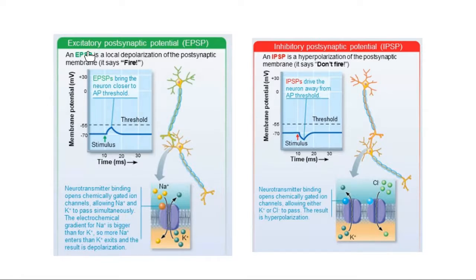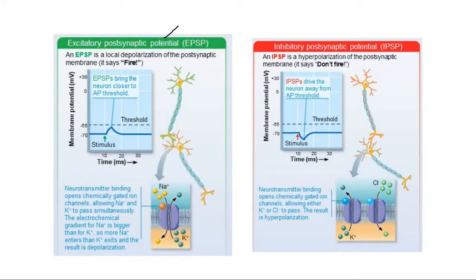First long set of words: excitatory postsynaptic potential. That's crazy and long, but we're going to break it into pieces. You've already told me today what the easy word for potential is.